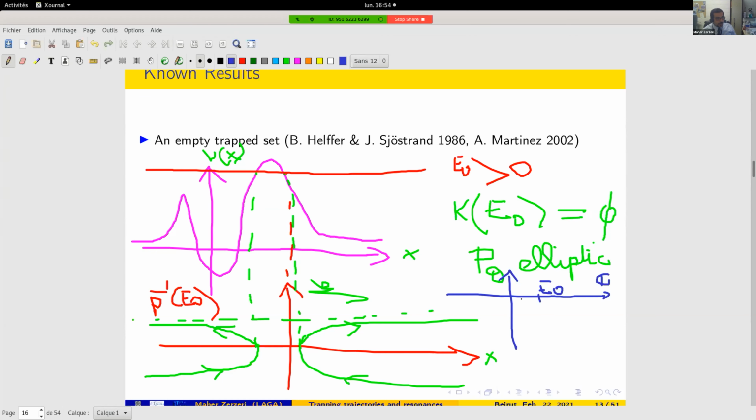They show that there is some neighborhood, in the analytic case, independent of h, where there are no resonances. This is very important. There are no resonances here.